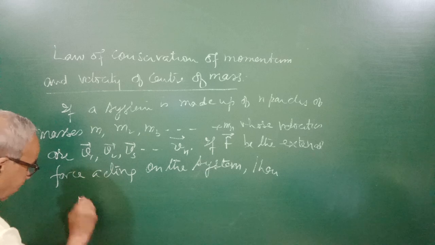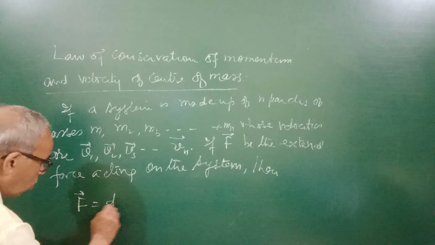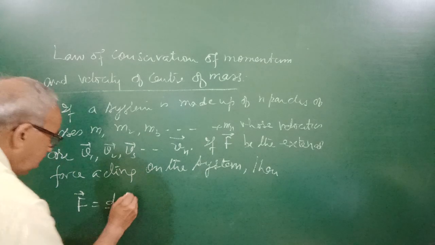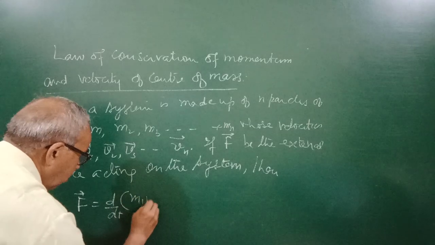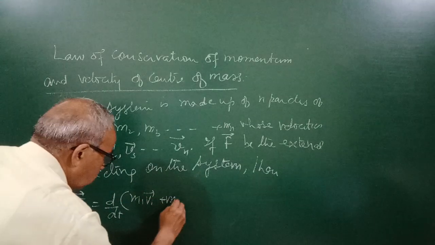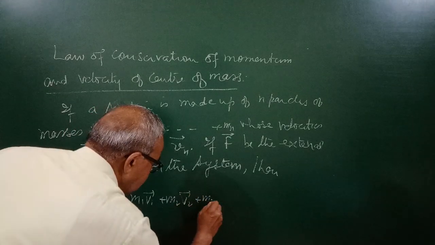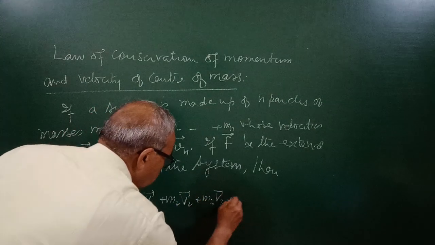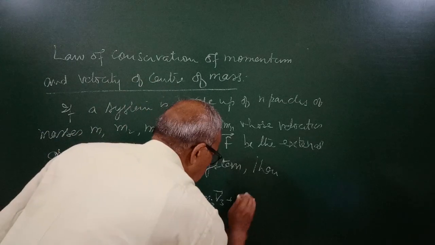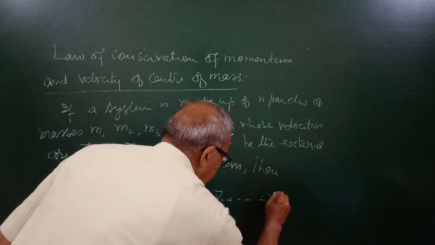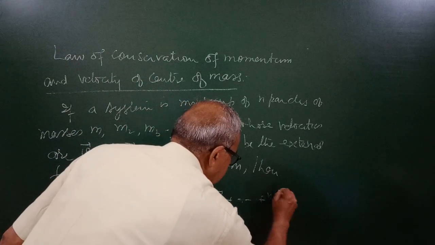Vector F is equal to d by dt of (m1v1 plus m2v2 plus m3v3 plus so on up to mnvn).